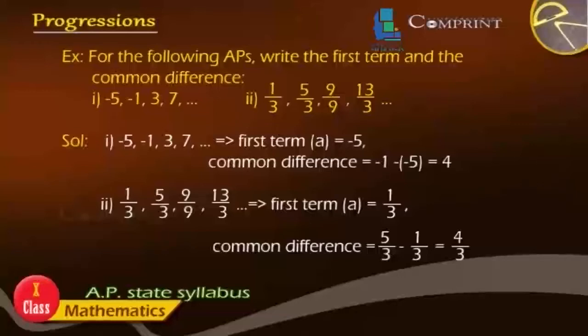First term a is equal to minus 5. Common difference is equal to minus 1 minus of minus 5 is equal to 4. Number 2. First term a is equal to 1 by 3. Common difference is equal to 5 by 3 minus 1 by 3 is equal to 4 by 3.